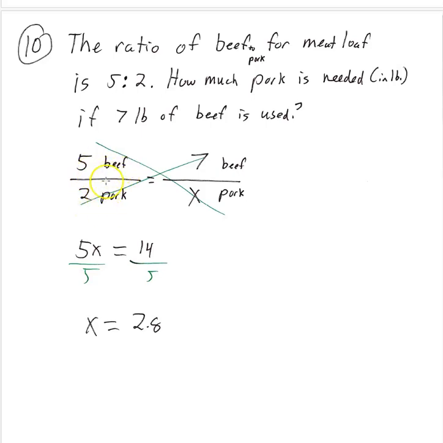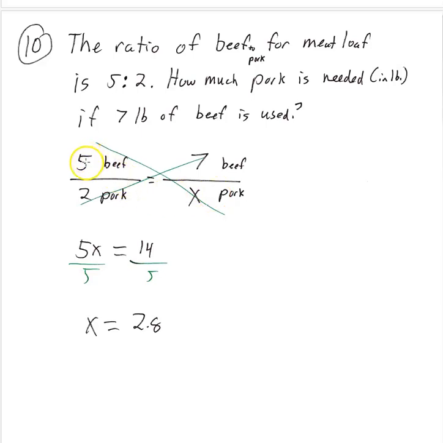I wrote beef and pork. I'd suggest you at least do B and P. Then my equation over here, I know beef is on top, pork is on the bottom. It says how much pork is needed, so my pork is unknown, to 7 pounds of beef. So it's saying, okay, I don't have 5 pounds of beef. I have 7. But if I wanted to keep that ratio the same and make this taste good, how many pounds of pork?